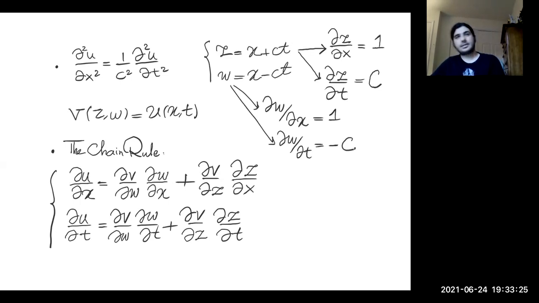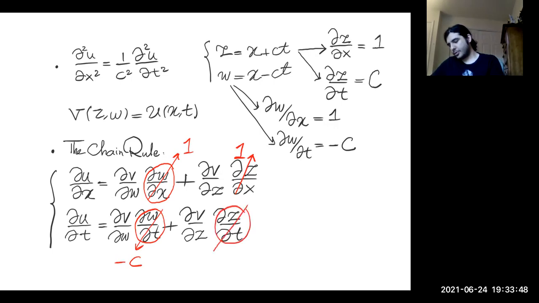And we can plug these things into our equation. Here, the derivative of w with respect to x is 1, z with respect to x is 1, w with respect to t is minus c, and z with respect to t is plus c.